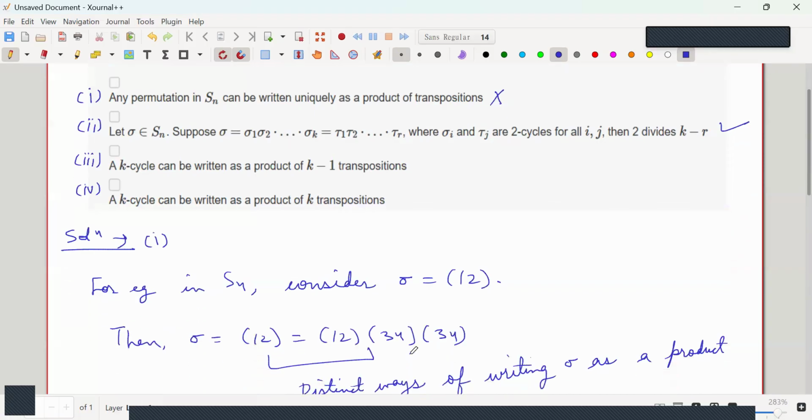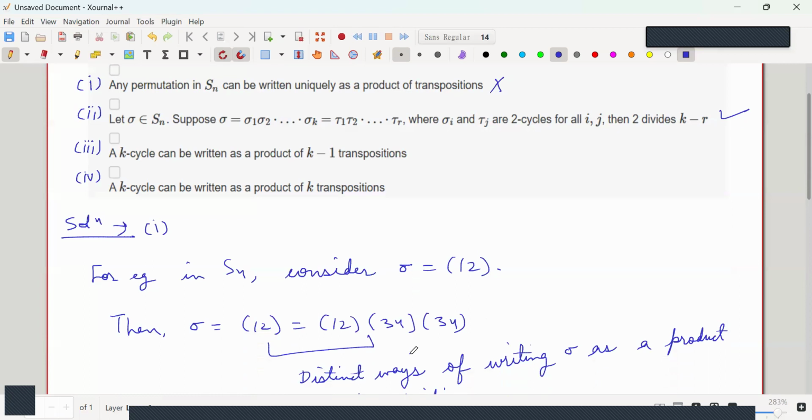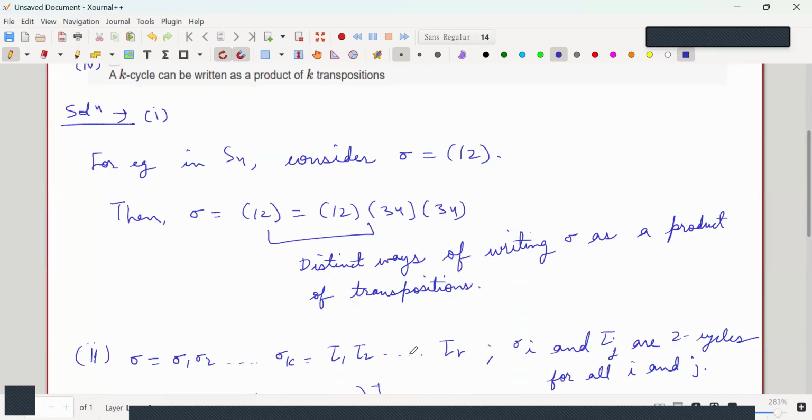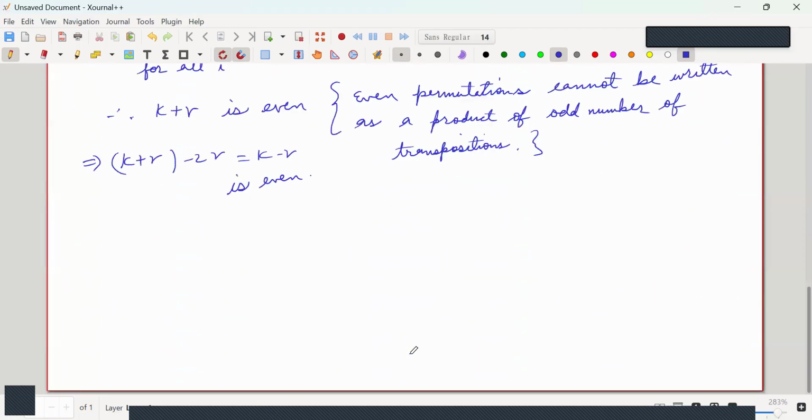Okay. Now, third one, a K cycle can be written as a product of K minus 1 transpositions. Here, it's not claiming the uniqueness part. So whatever you said earlier was correct. So let sigma equal (A1 A2 ... AK), belonging to Sn, be a K cycle.